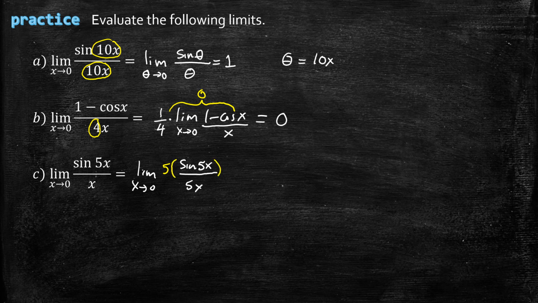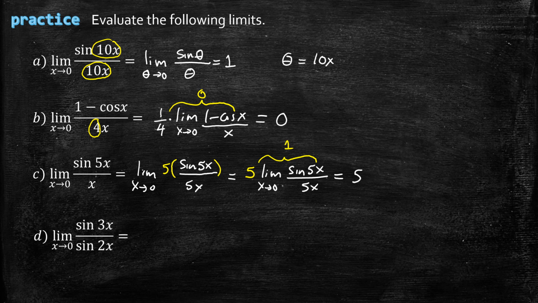So those 5s technically would cancel, but we're introducing them on purpose. And that equals, now I'm going to bring that 5 outside the limit statement because it's a constant, so I can by the laws of limits. We get this, and we know from part A, without going through the motions again, that this also will be 1, and so our final answer is 5.